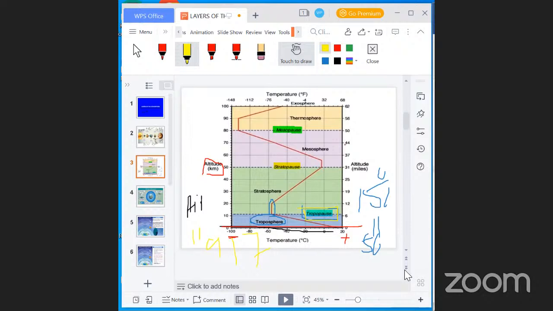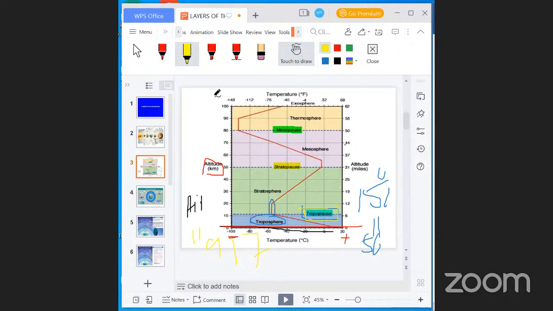This has to do with the fact that pressure decreases faster in cold air than in warmer air, right? You will remember that we said, let's assume these are two pressure surfaces. They are further apart if the air between them is warm than if the air between them is cold, and that's why the troposphere is deeper in the tropics than in the polar regions.